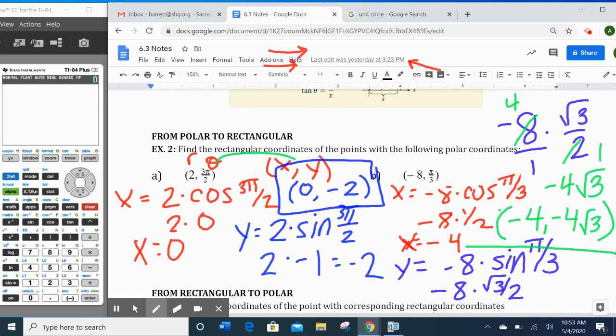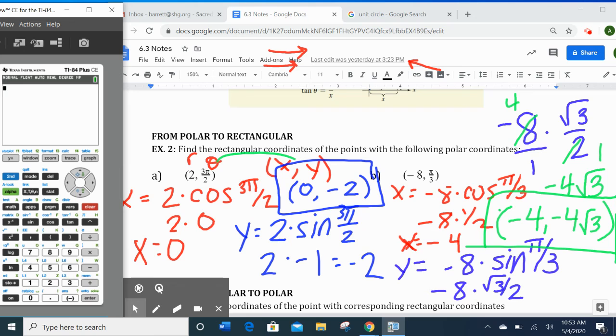I am almost certain that my math lab would rather you write -4√3 as opposed to, well, let me put myself in radian mode, and I would take -8 times sine of pi over 3, and it would give me this decimal. I almost guarantee that they want you to write -4√3 as opposed to the decimal.